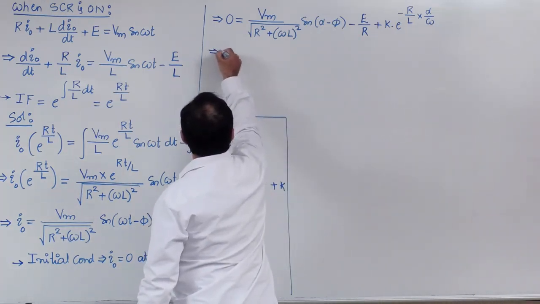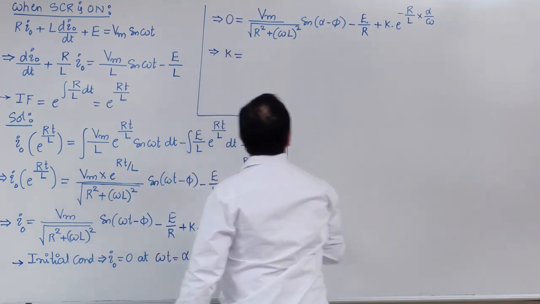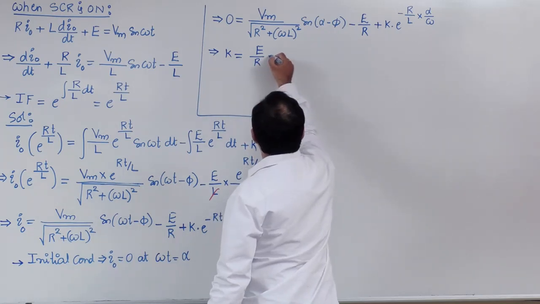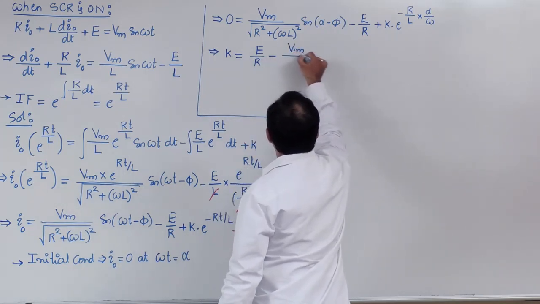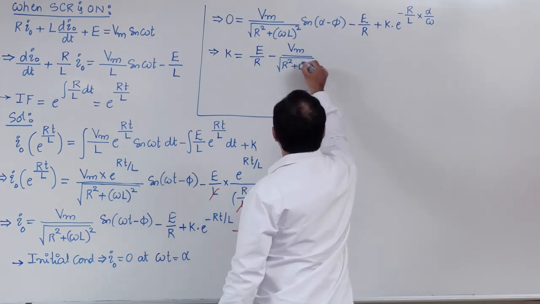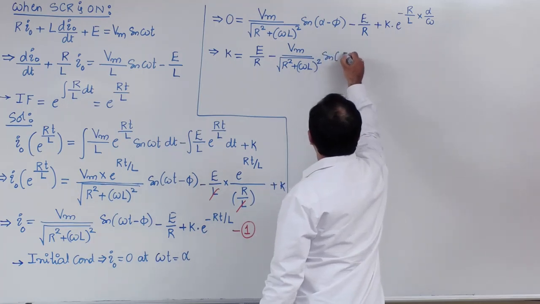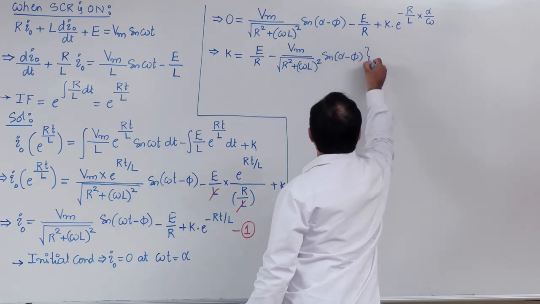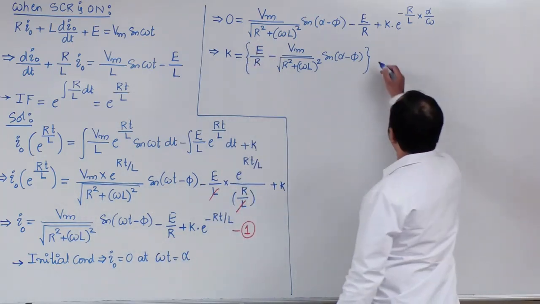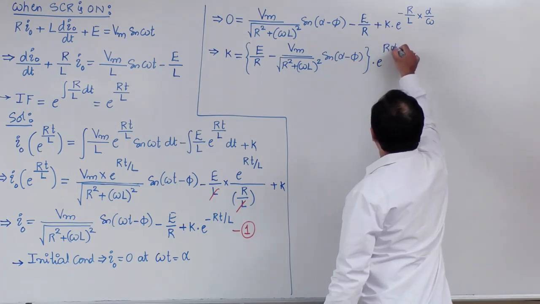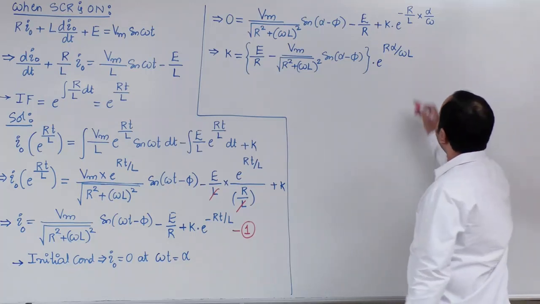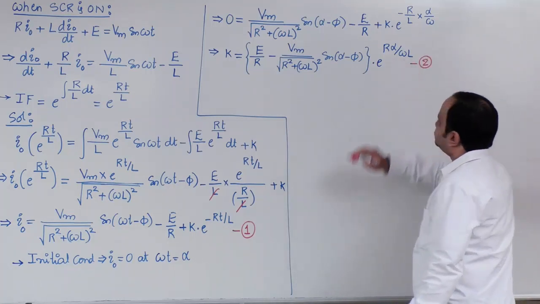So from this we can write K value is equal to E by R minus Vm divided by under root R square plus omega L whole square multiplied with sine of alpha minus phi into e power R alpha divided by omega L. Let me say this is equation 2.